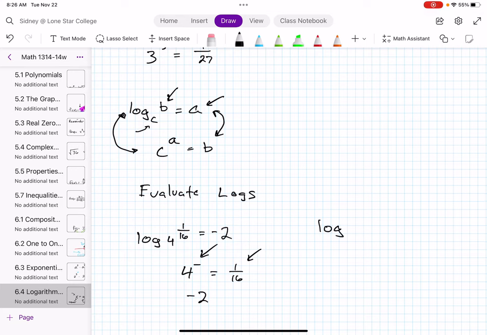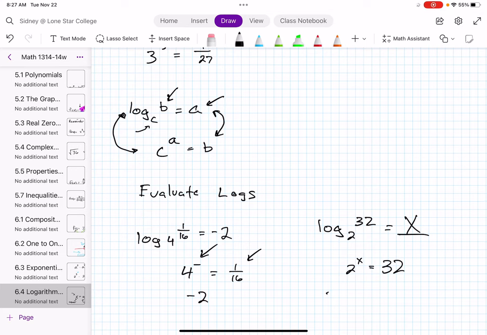So if I have log base 2 of 32, that means, and it equals something, we'll say x. That means 2 to the power of x equals 32. 2 times itself how many times equals 32? That's what that's asking us.